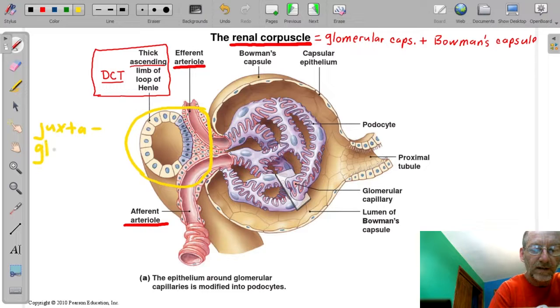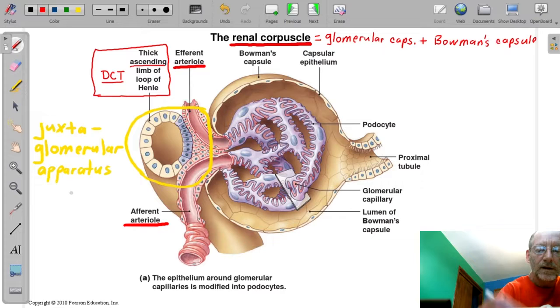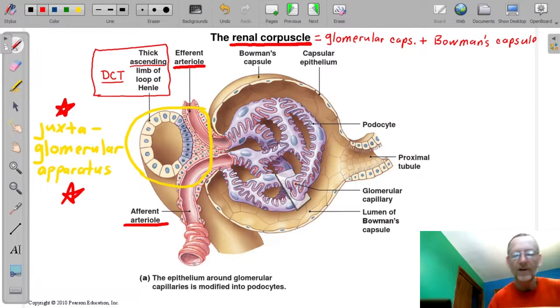Juxtaglomerular apparatus. Stay tuned. But enough for now.